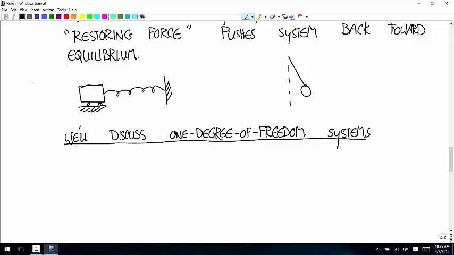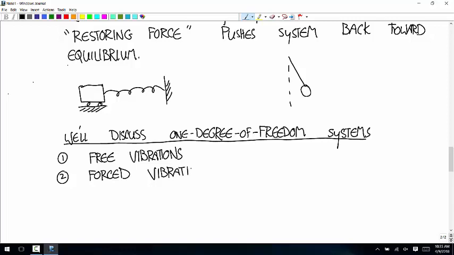Something has 1 degree of freedom if you could figure out a way to represent its position using a single variable, whether it's an angle or a linear position, a length from something. But if you can represent the position with one variable, that's a 1 degree of freedom system. And we're going to start with free vibrations, and then forced vibrations, and then damped vibrations.